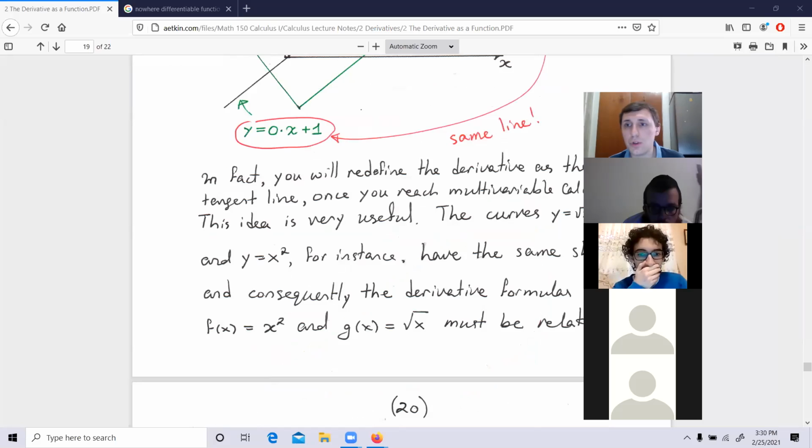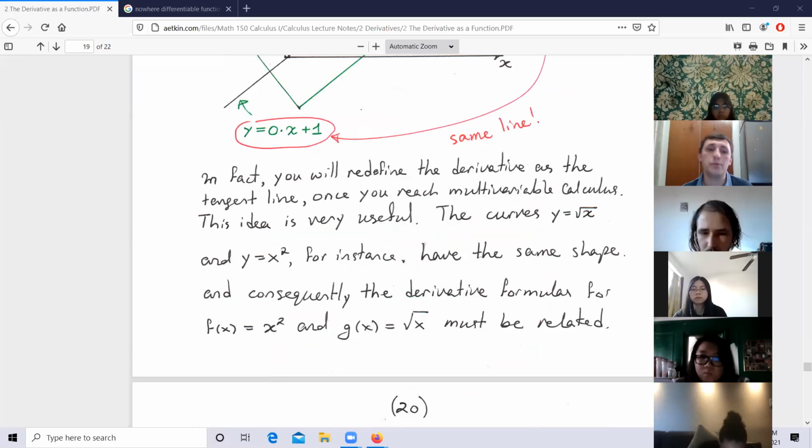And I will show you guys that if you understand change of perspective, and you know how to take the derivative of x squared, you will immediately know how to take the derivative of root of x. You see, the benefit of understanding that I can change perspective is that I can right away know that if x squared is differentiable, then root of x is differentiable, and find the slope without any effort.